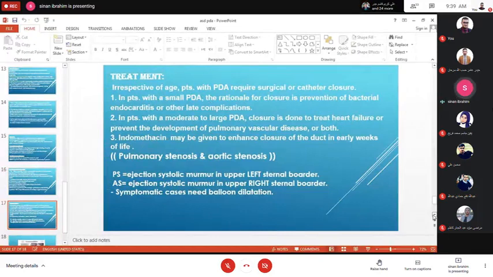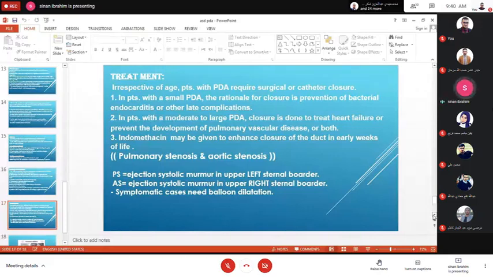Then what is the treatment of PDA? Irrespective of the age, a patient with PDA should be closed, early or late. We should not leave the patient with PDA because of all the previously mentioned complications. So it should be closed by surgical or transcatheter closure.